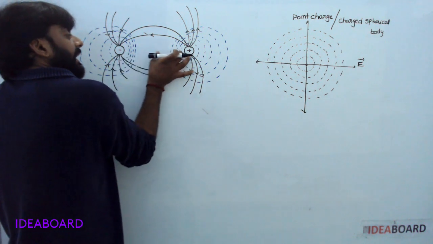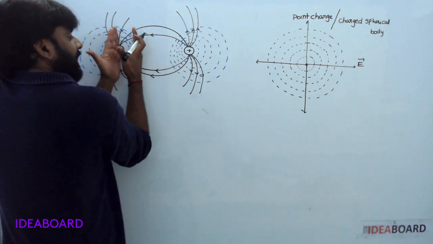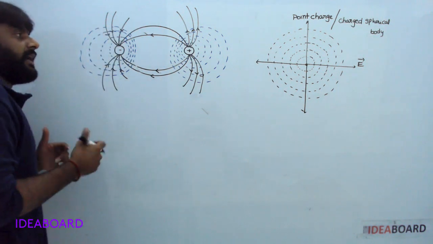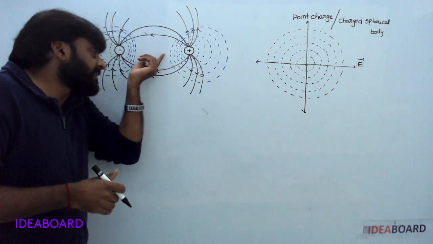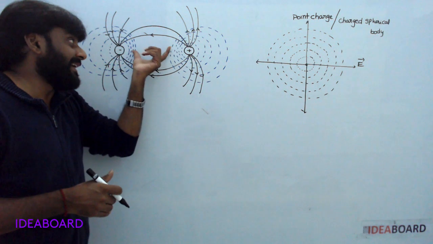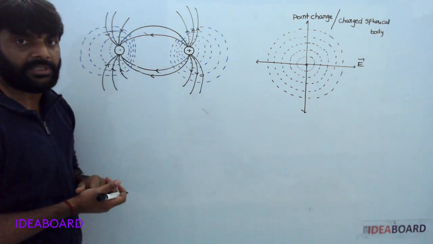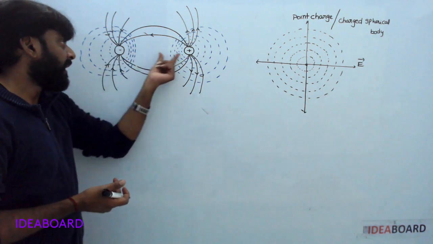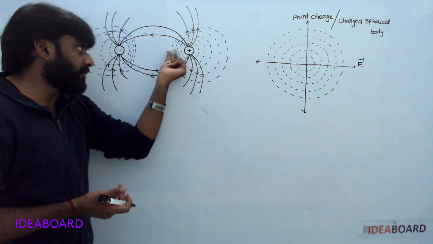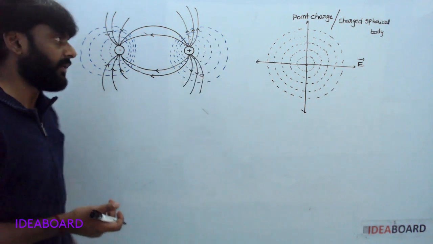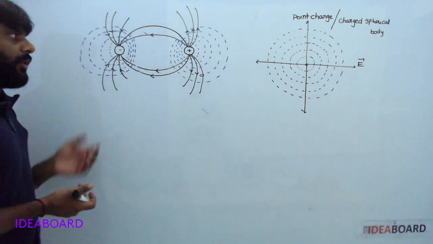See, inside they are very close, and outside very far, because in between the unlike charges the field intensity is strong, and outside it is weak. That's why they are very close inside and very far outside. Understood? Okay, due to a dipole.